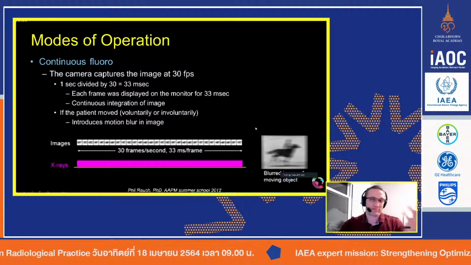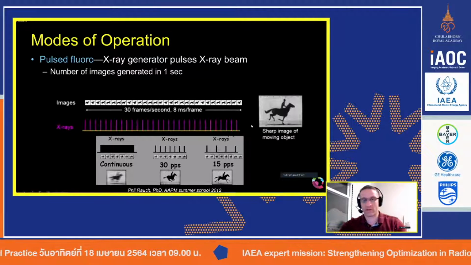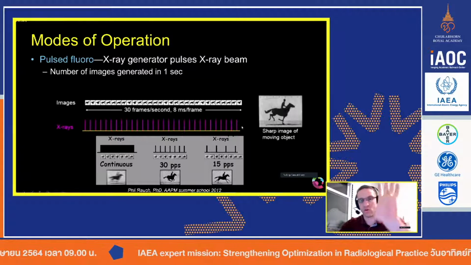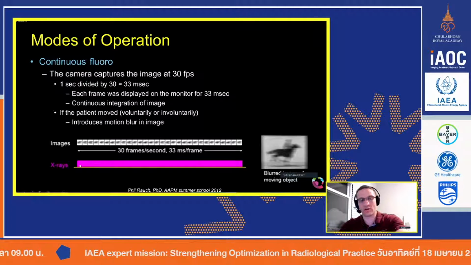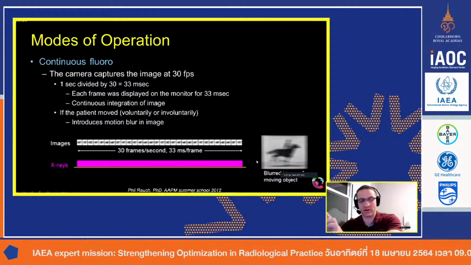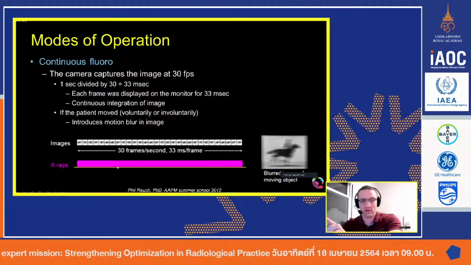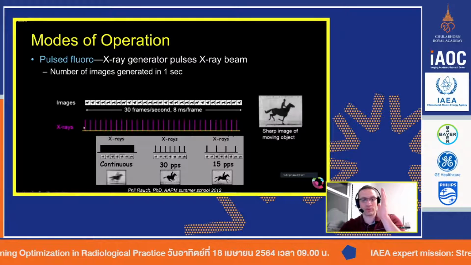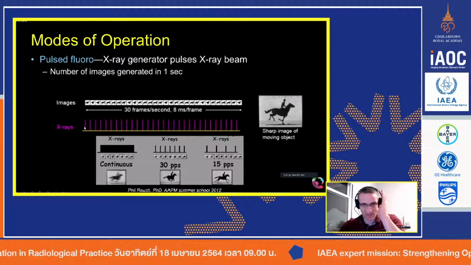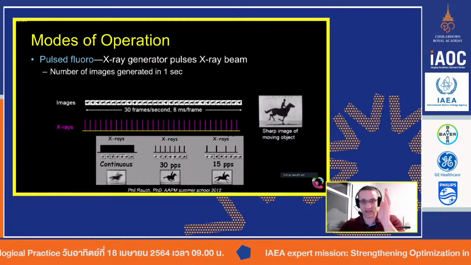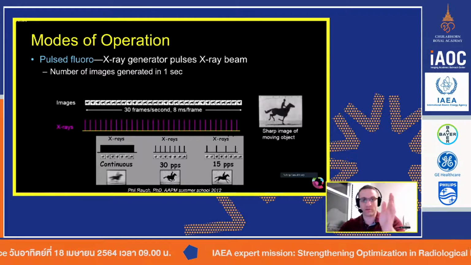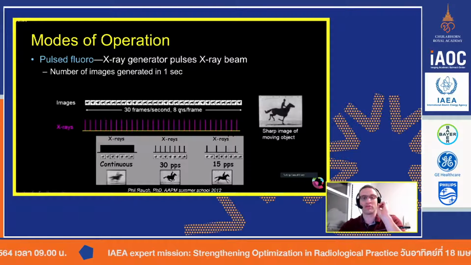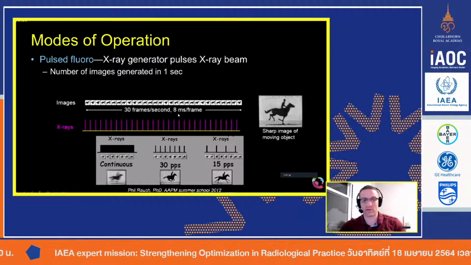And for what it's worth, we can do the exact same imaging, but instead of keeping the X-ray on the entire time, as you can see at the bottom there in that pink fuchsia color, we're going to acquire the exact same amount of images, 30 frames per second, but this time we're going to pulse it, and we're only going to do 8 milliseconds per frame.